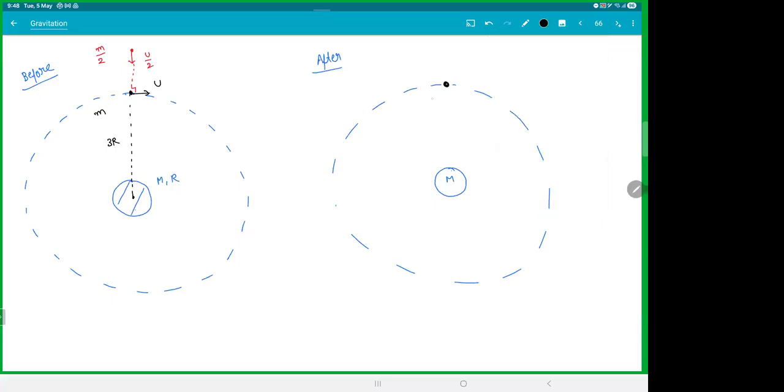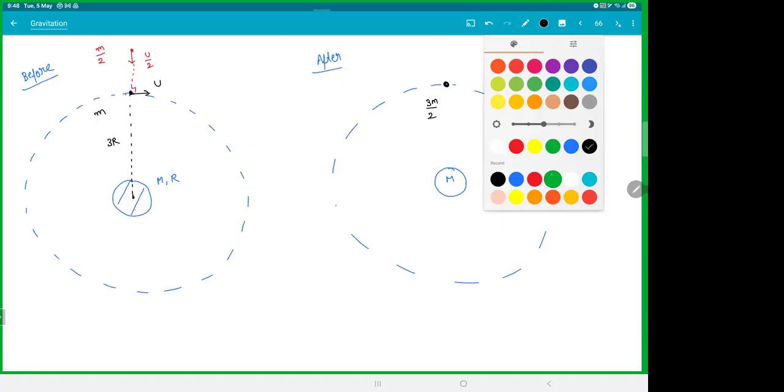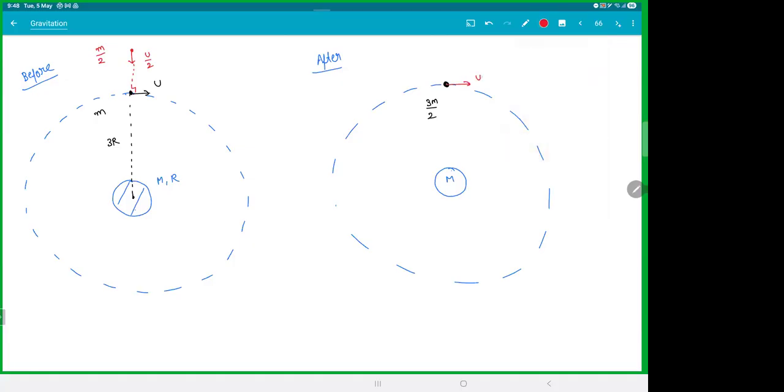This combined mass will become 3m/2. I don't know the velocity, so let this be ux and let this be uy. So there'll be two components, and this guy is going at some angle like this. So remember, energy is not conserved since it is sticking.